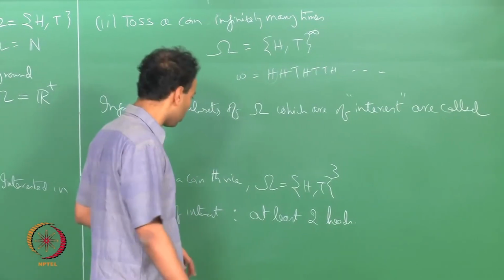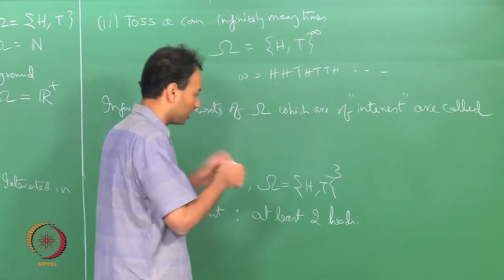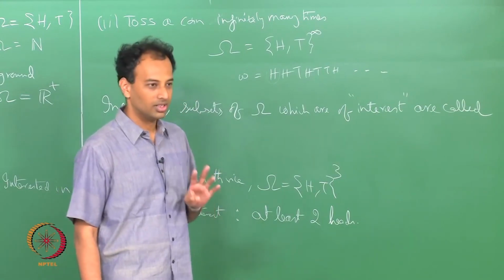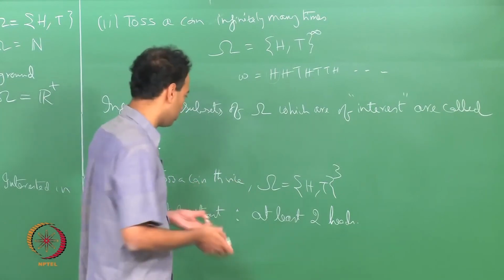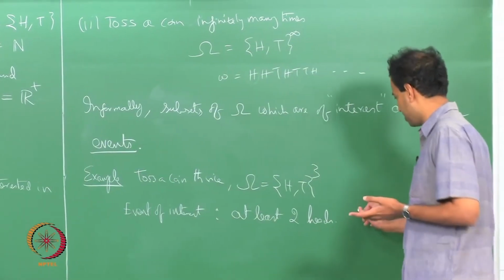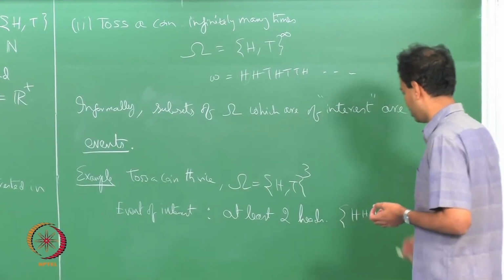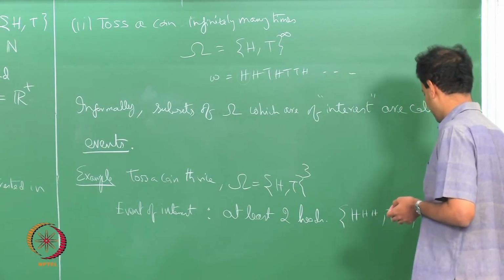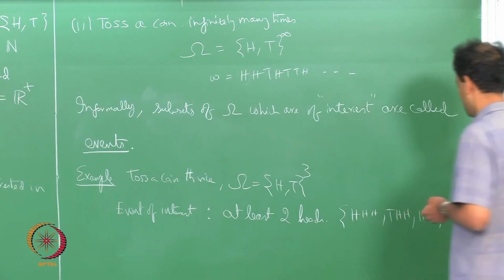In this case I toss the coin 3 times, and I am not really asking whether a particular string showed up, I am asking if at least 2 heads showed up. So, this corresponds to more than one elementary outcome. What are the outcomes that correspond to this? First of all you can have all heads, H H H, or you can have T H H, H T H, H H T. Is there anything else?